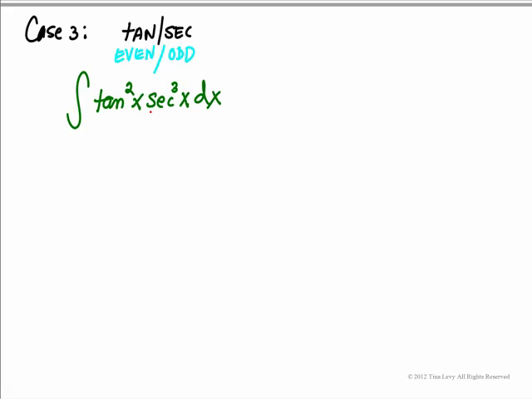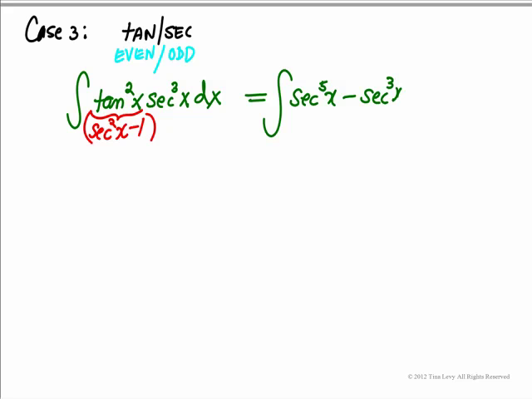I can't take out a secant squared as du because I'm only left with a single secant and I need squares or multiples of 2. And I can't take out one tangent for the same reason. So in this problem, we're going to replace tangent squared with secant squared minus 1. This now becomes, distributing the secant cubed through, secant to the 5th x minus secant cubed x dx.